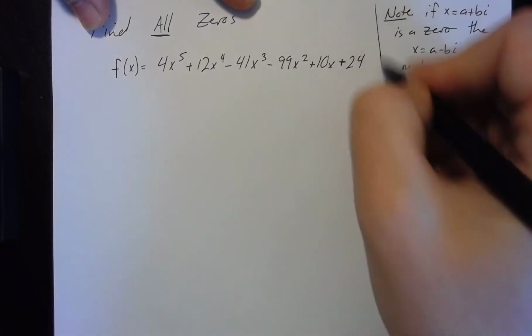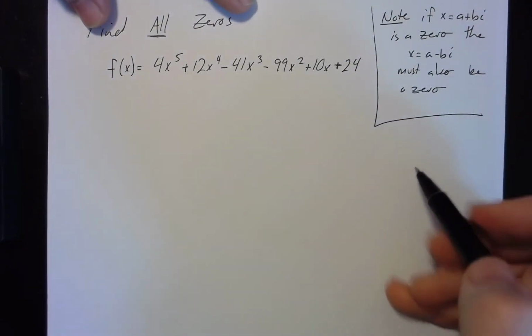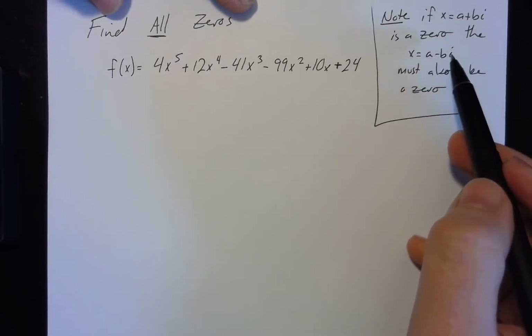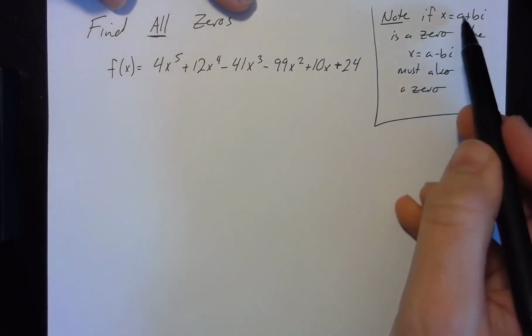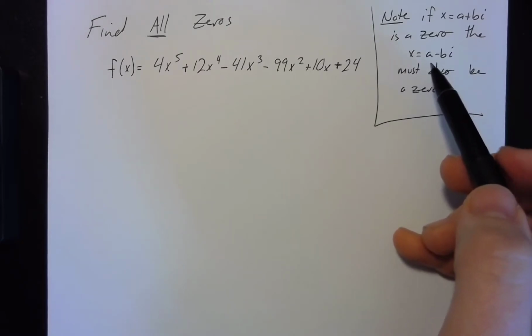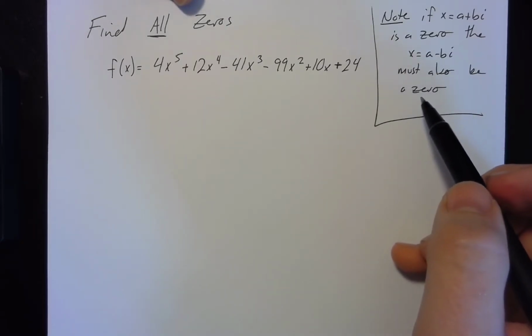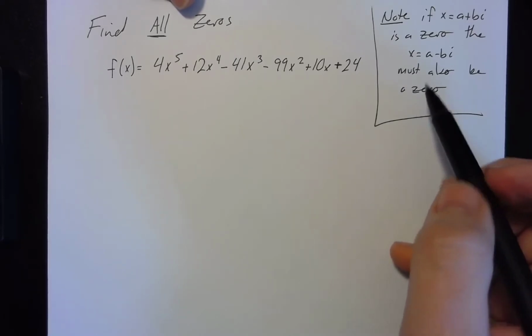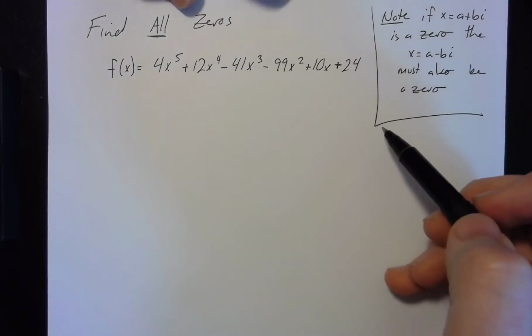What this means is that if a polynomial happens to have an imaginary zero, then the polynomial must also have its conjugate imaginary zero. Again, notice that a plus bi times a minus bi will cancel the i's out entirely. So if I have to find a zero that's imaginary, then I might as well use the quadratic formula, because the quadratic formula will identify what those two imaginary zeros happen to be.